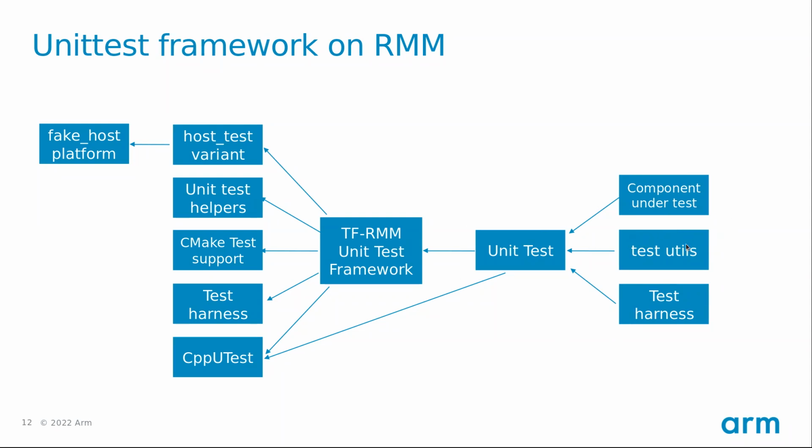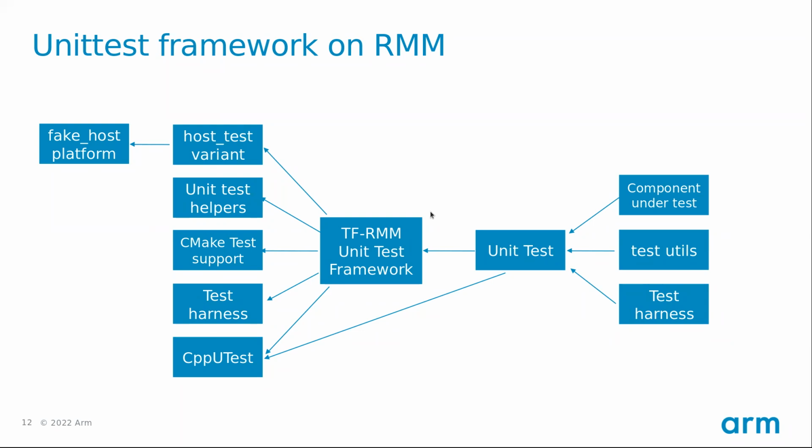These test utils and test harnesses differ per test. We can have several tests for the same component, and each one of the tests will link to a different set of test utils and test harnesses. Whereas the unit test framework will always link to the same test harnesses and test helpers that are part of the platform.